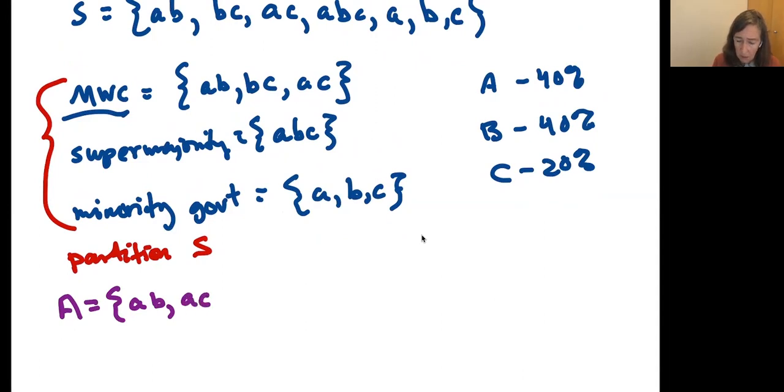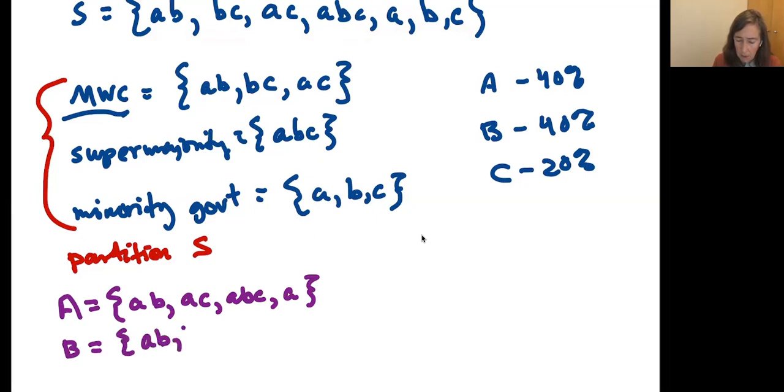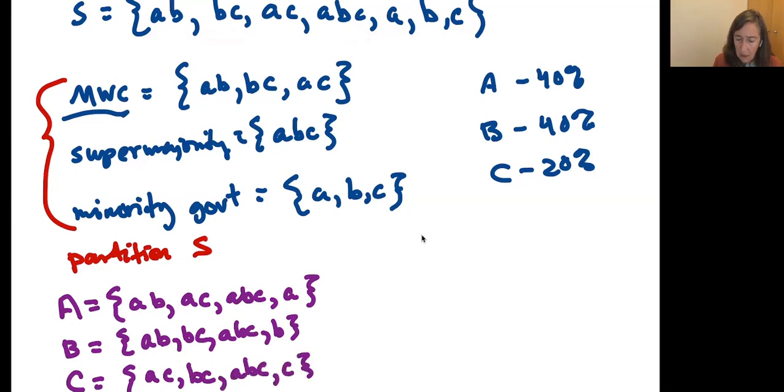We can do the same thing for party B: it's in AB, it's in BC, it's in ABC, and it's in B. And the set of governments that include party C would be AC, BC, ABC, and C.